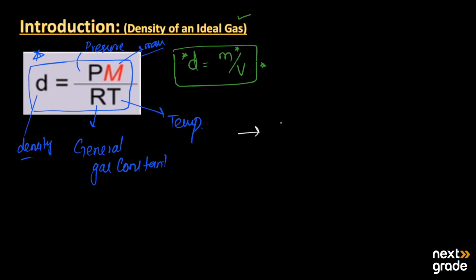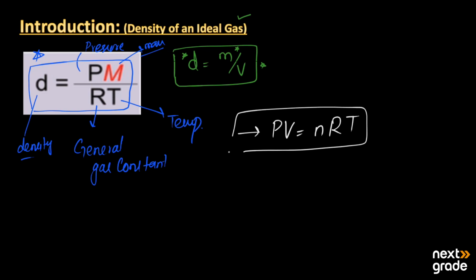For this purpose, we have to use the general gas equation, which is PV equal to nRT. So here we have to derive the density of an ideal gas from this equation.